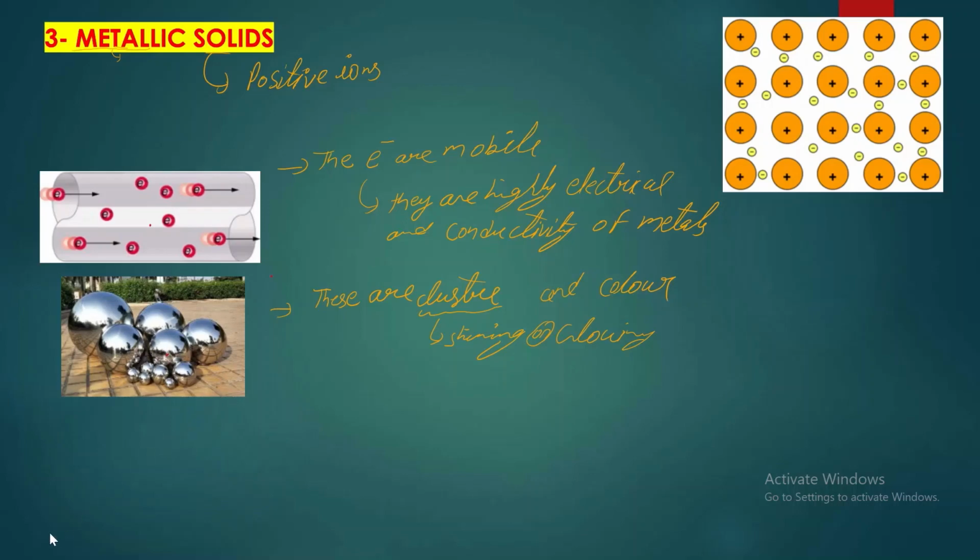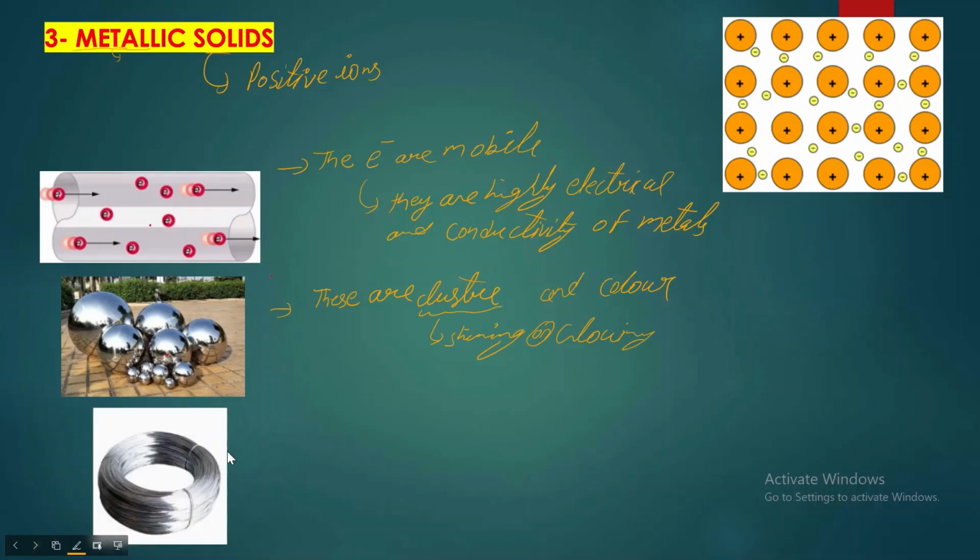Now the next property of metallic solids is they are highly malleable and ductile.